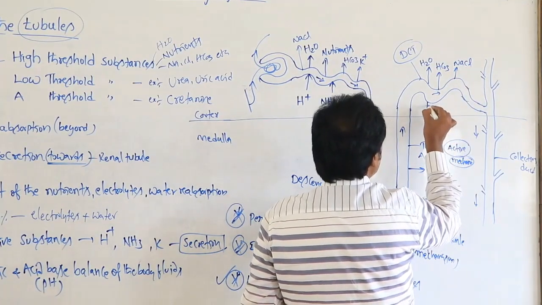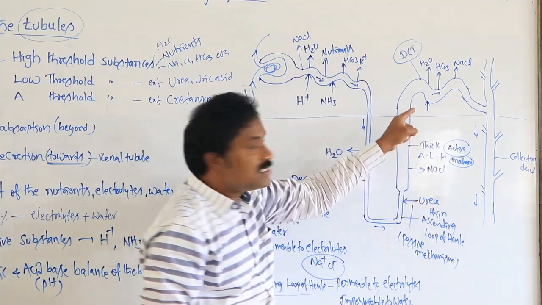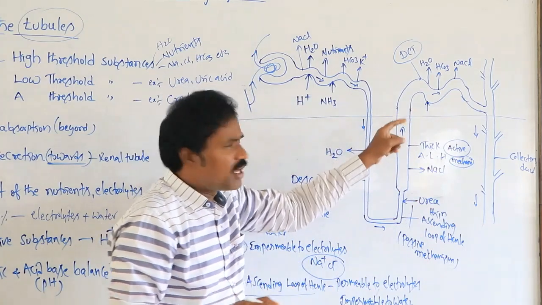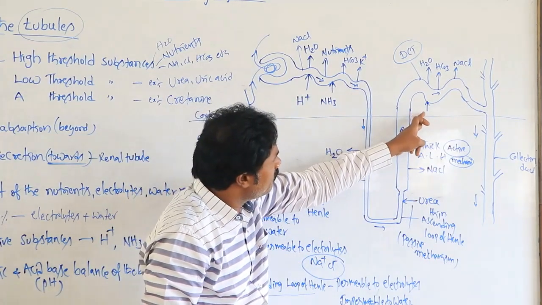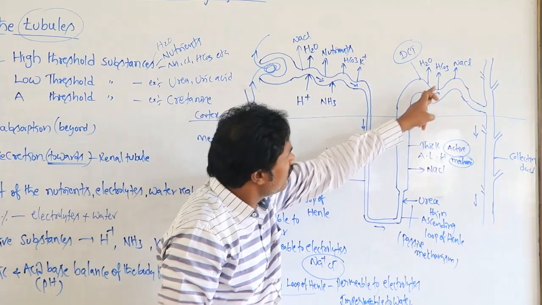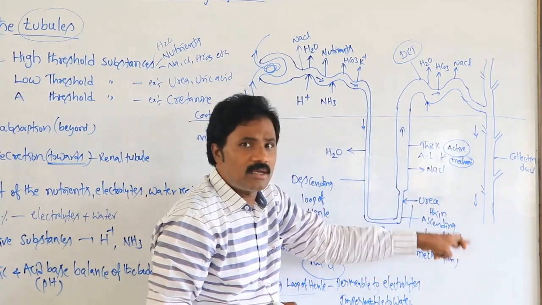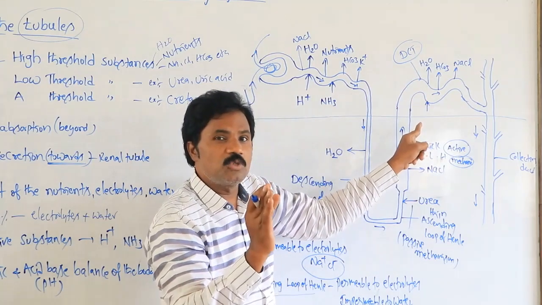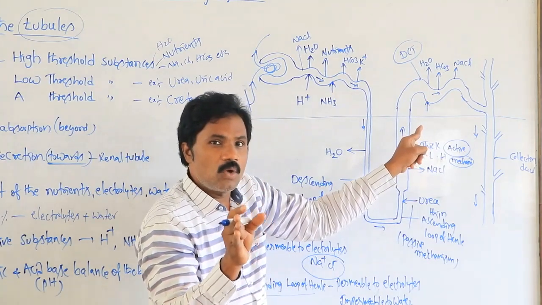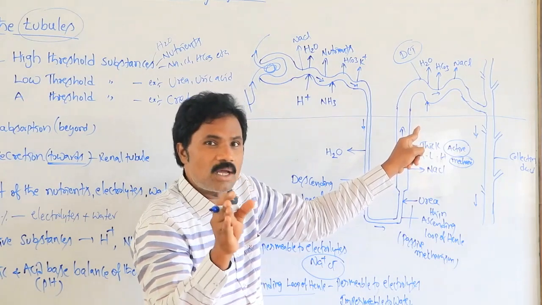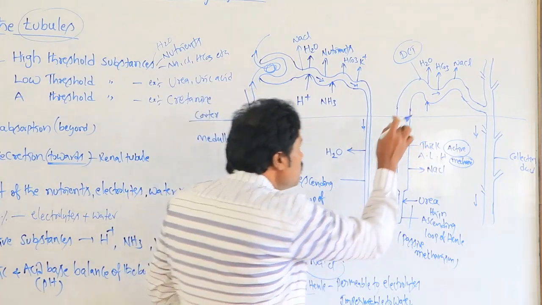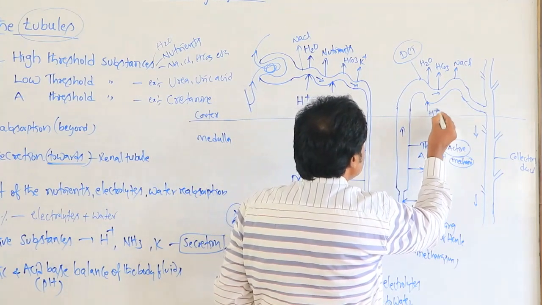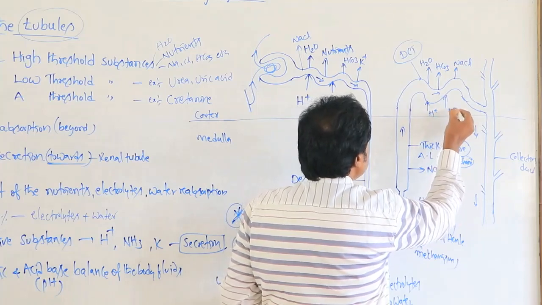Then what type of substances are secreted? Secreted means that from the body to here, it is ready to be eliminated from the body. That's why it is called secreted. Whichever goes towards the renal tubule, in that direction, we call it secretion. In this secretion, H+ as well as potassium.